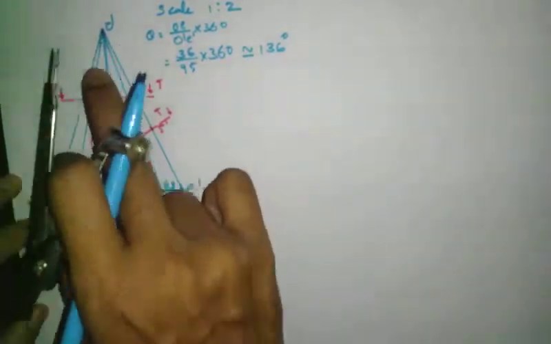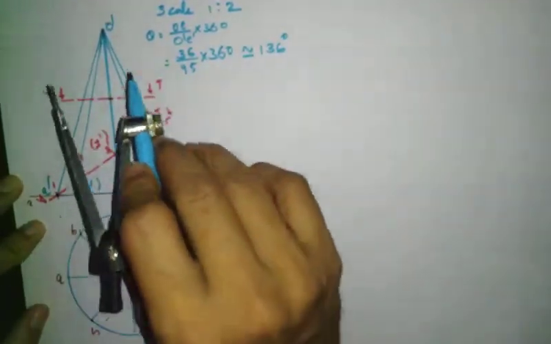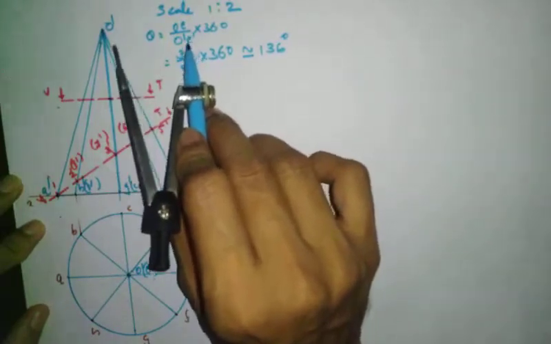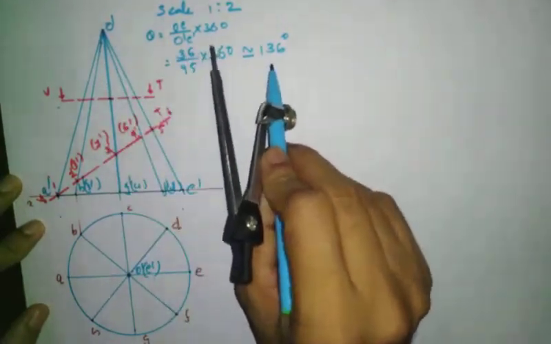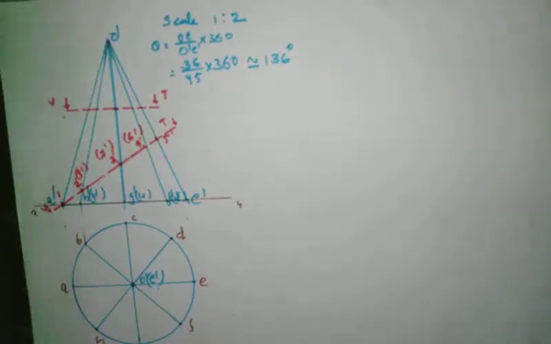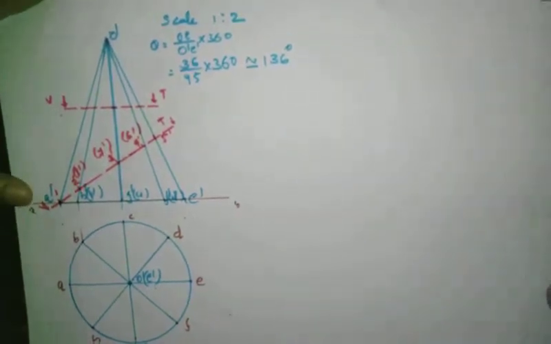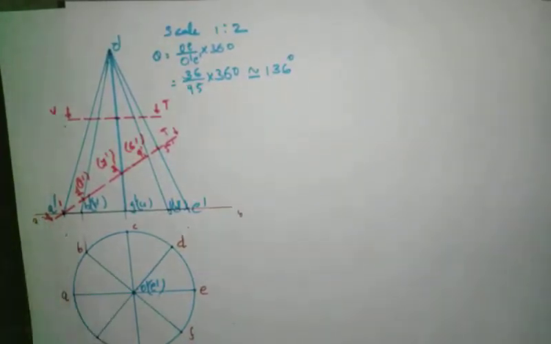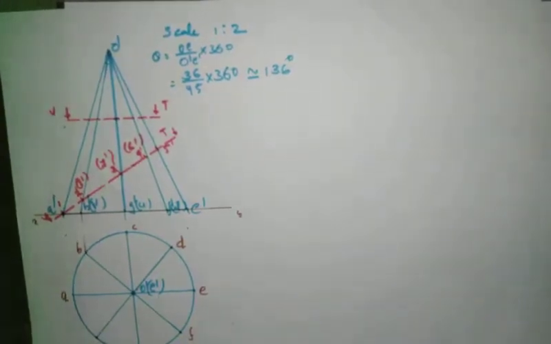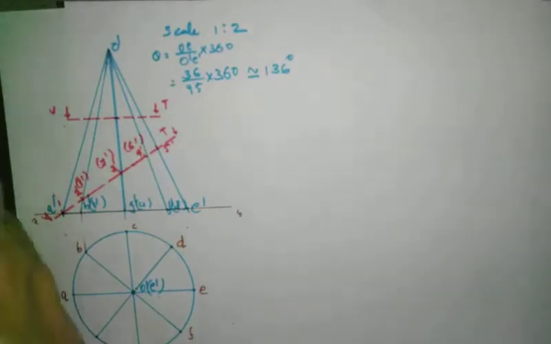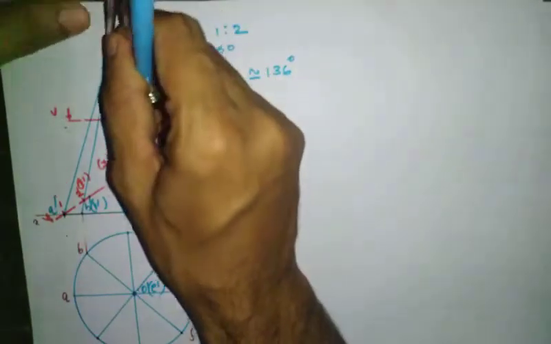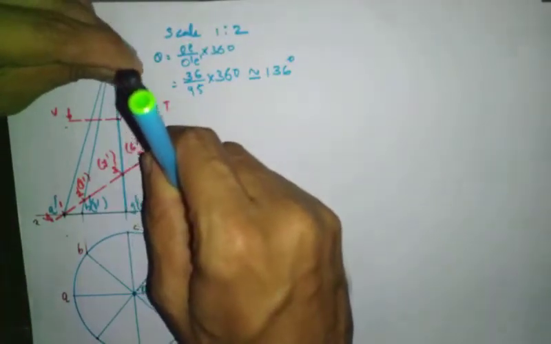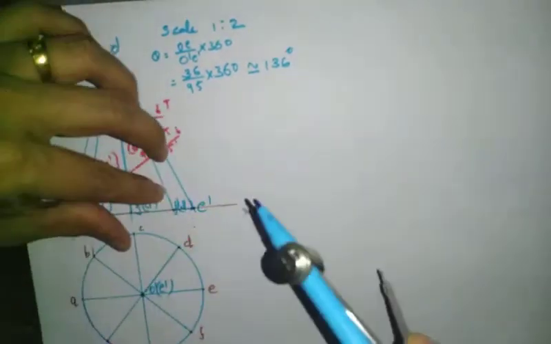First of all, you have to find the included angle theta. As per the dimensions, I calculated it as approximately 136 degrees. Theta is approximately 136 degrees. With that included angle, I am going to draw the development. Take this distance, O dash E dash, as the radius of the development.